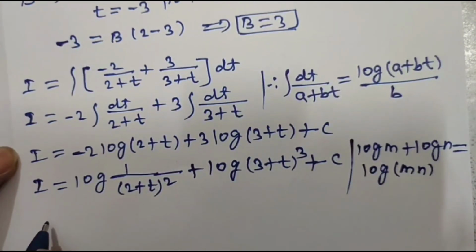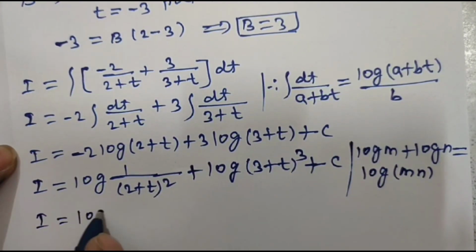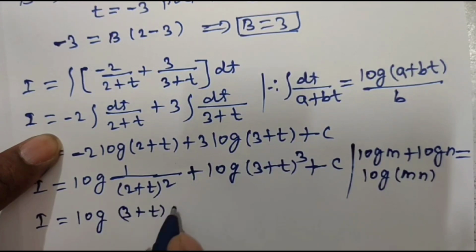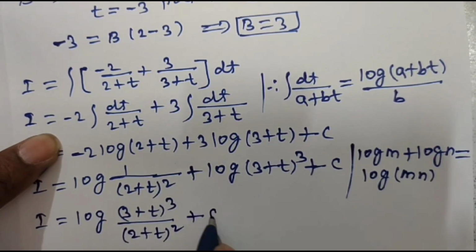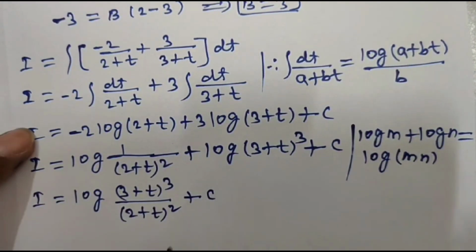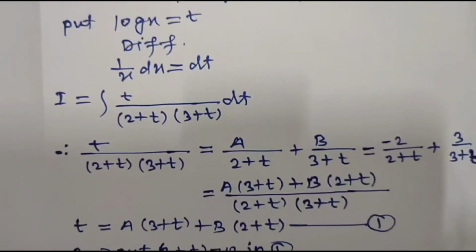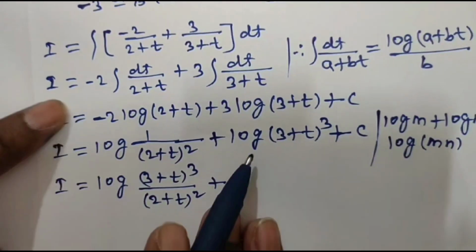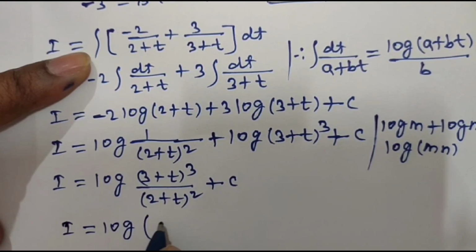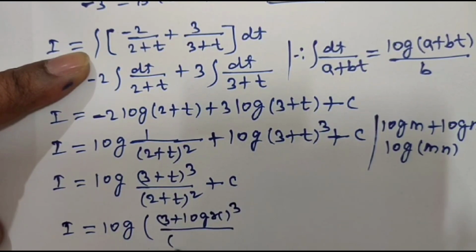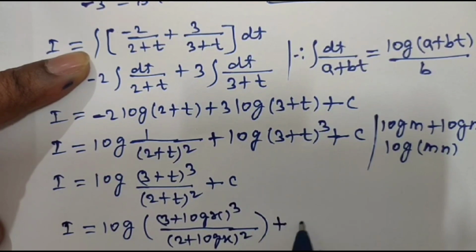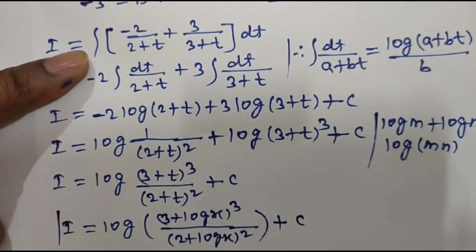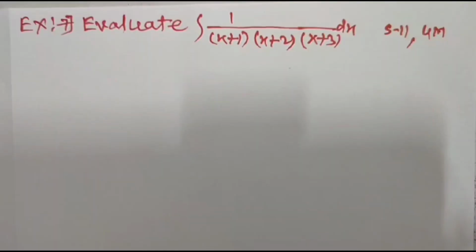So I is equal to logarithm of 3 plus t cube divided by 2 plus t square plus integral constant c. Now replace t by log x. So I is equal to logarithm of 3 plus log x whole cube divided by 2 plus log x whole square plus integral constant c, and this is the value of the given integral.